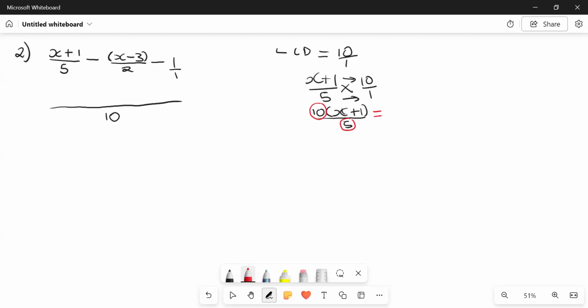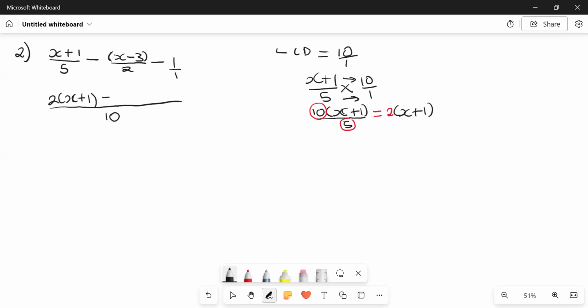And 10 divided by 5, that's just 2, right? And you keep that x plus 1 in our bracket. So now our final answer here becomes 2, open bracket, x plus 1, close bracket, minus. So we're done with that part.